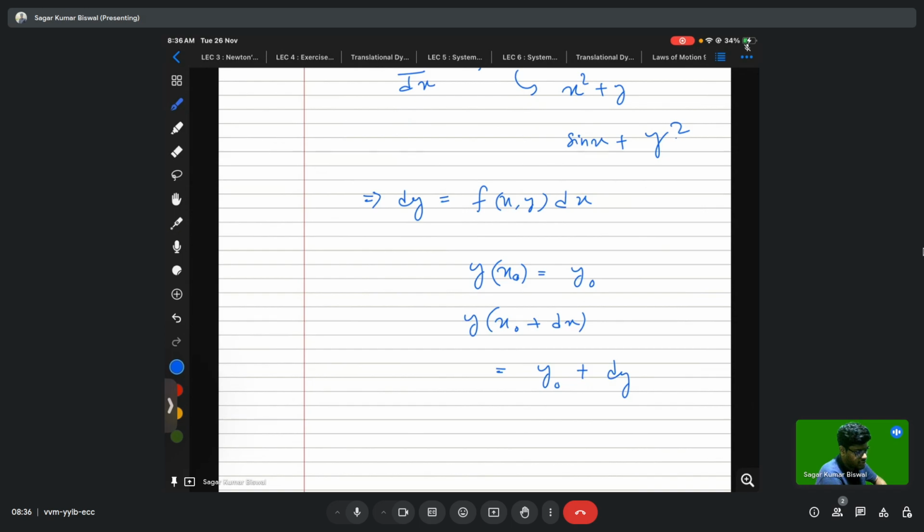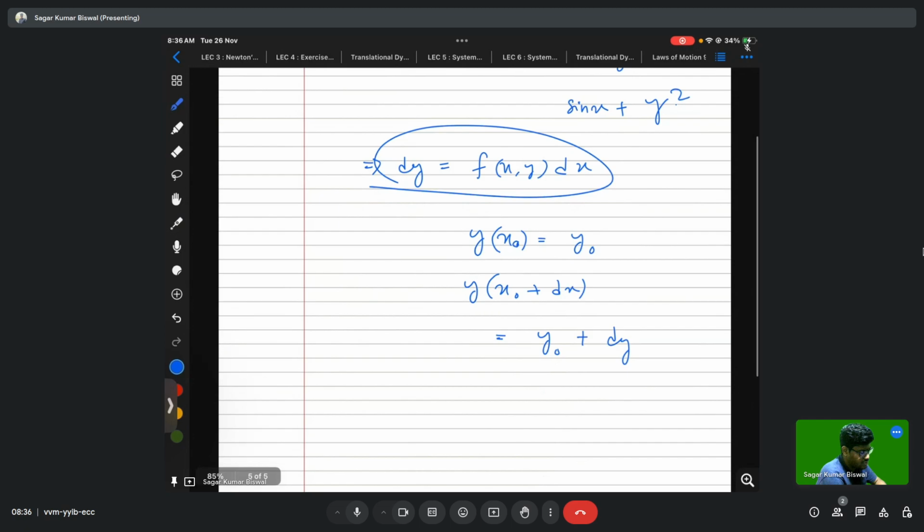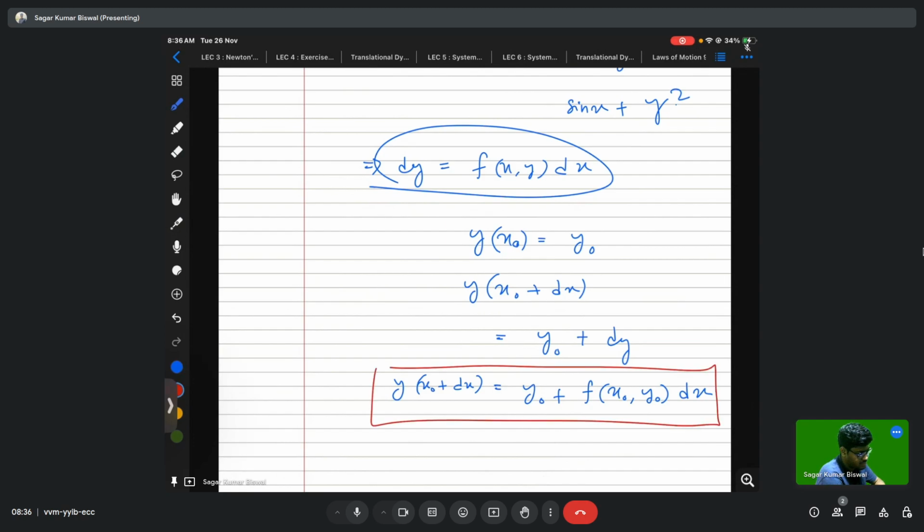And what is this dy? dy means f of x0, y0 into dx. So y at x0 plus dx is y0 plus f of x0, y0 into dx.